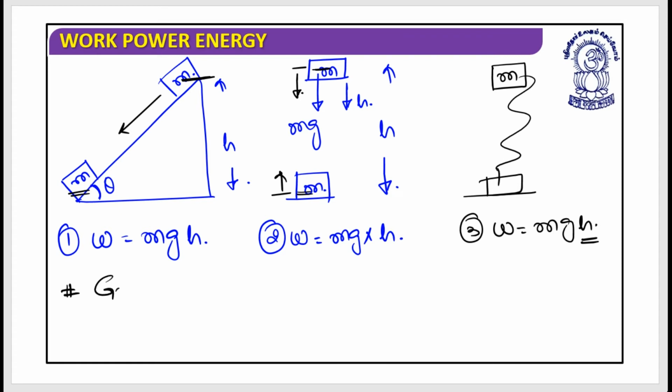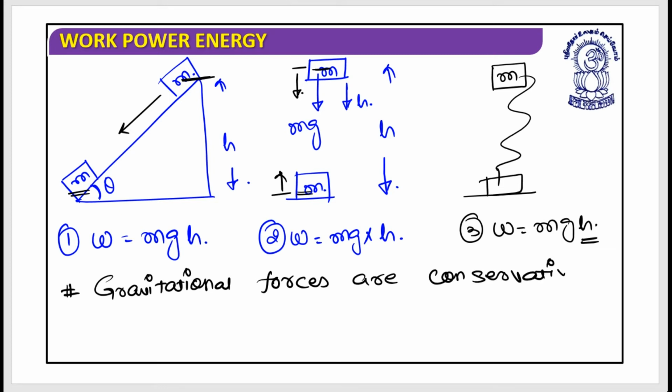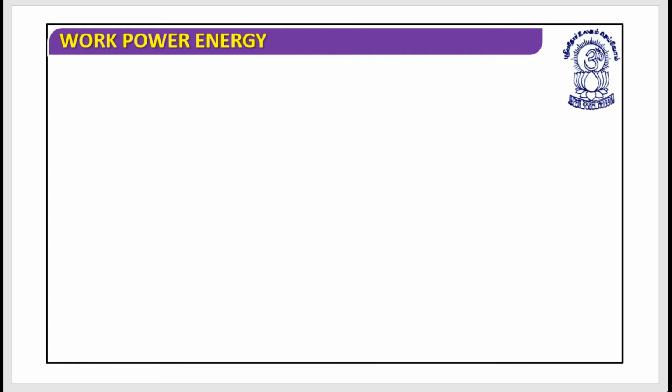That's why we can say gravitational forces are conservative forces. I hope this is clear now, that what exactly conservative forces is all about. Is it clear? Any doubts? Any confusion over it? Anything? No? Great.